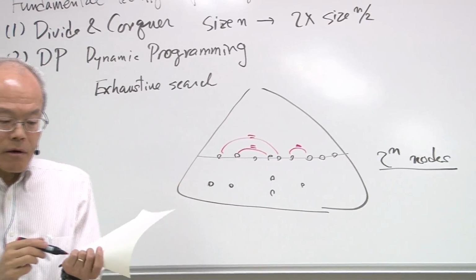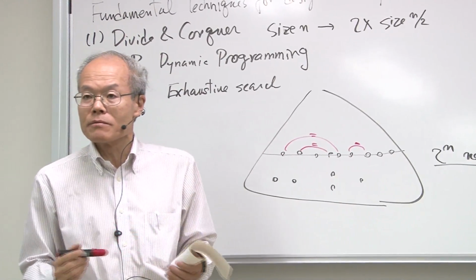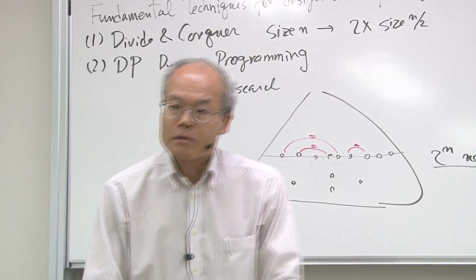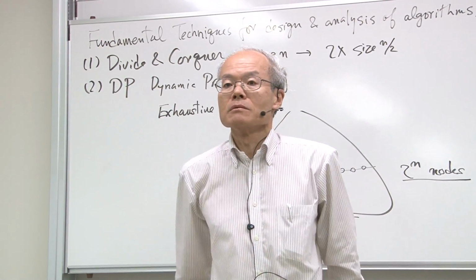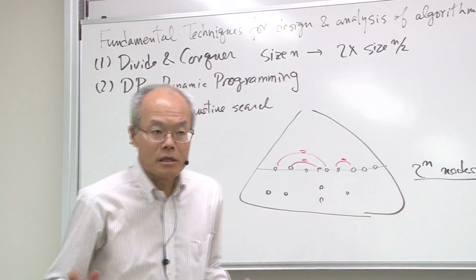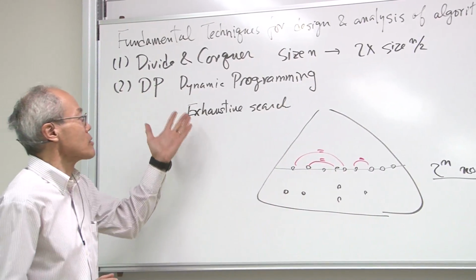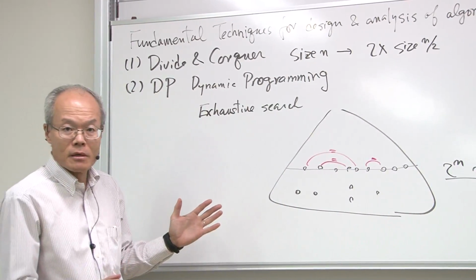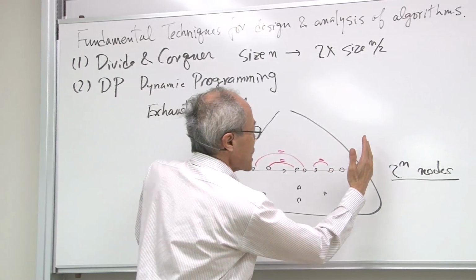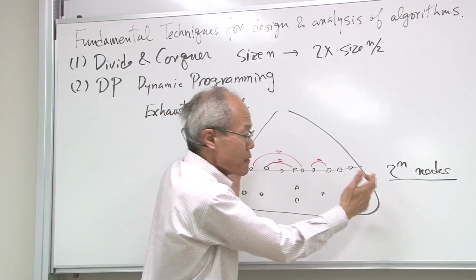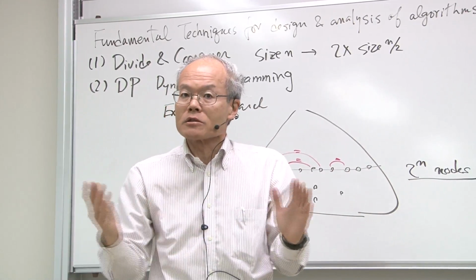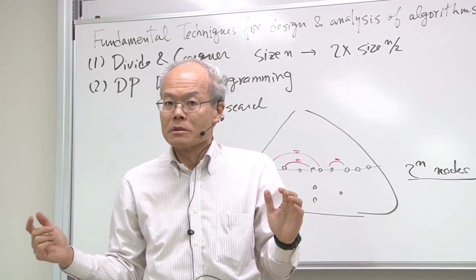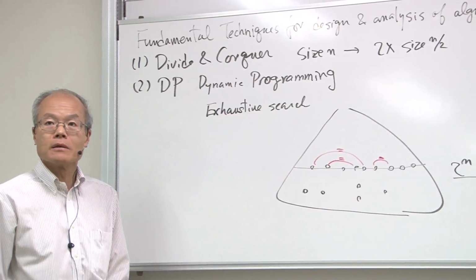So we have a lot of same nodes. That means you can merge, you can combine those same nodes into one node. That is the basic idea of dynamic programming. Then you can reduce the size of the search space from 2 to the n to something polynomial, like n squared or n cubed. That is a very nice technique.